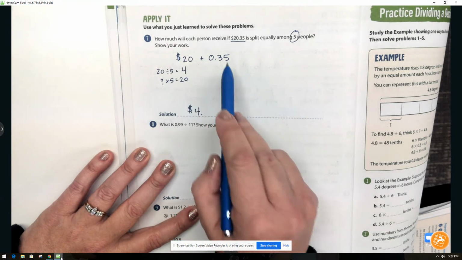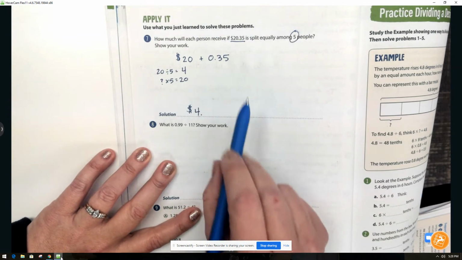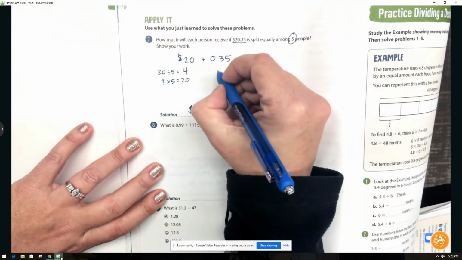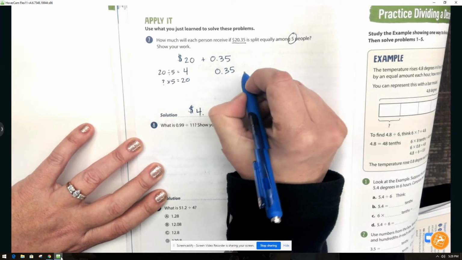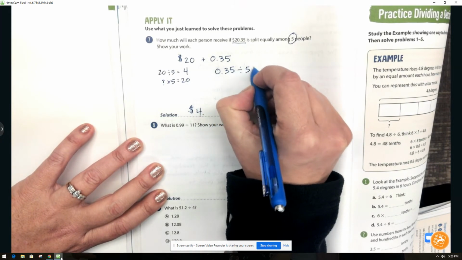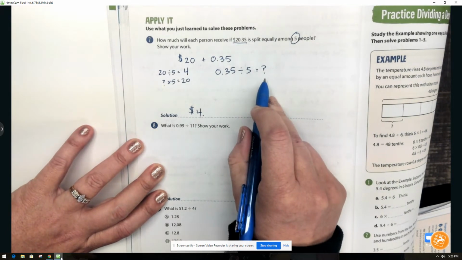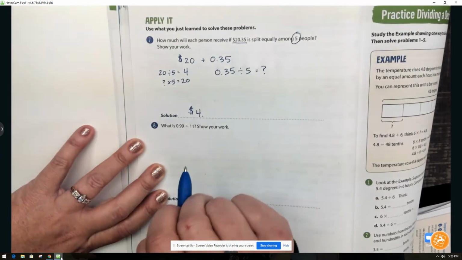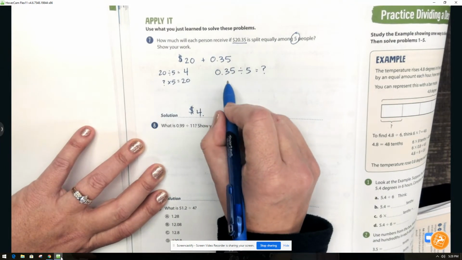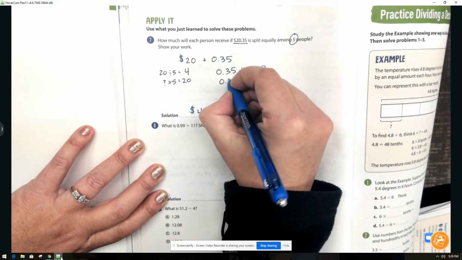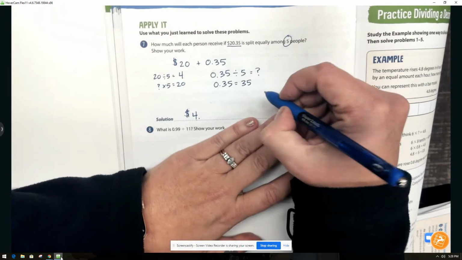Now we need to break apart this 35 cents into 5 parts. So if I had 35 cents or 35 hundredths and I divided that by 5, what would be my answer or what would be my quotient? Now, some of you may know the related multiplication problem, but let's think of this as 35 cents is the same as 35 hundredths.